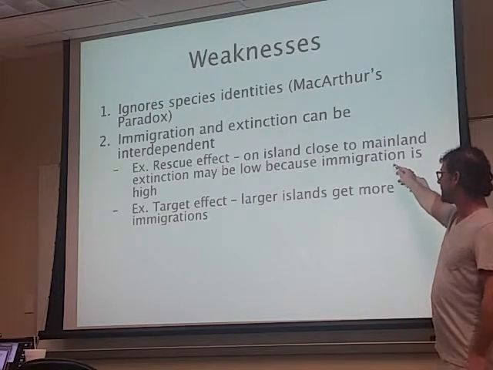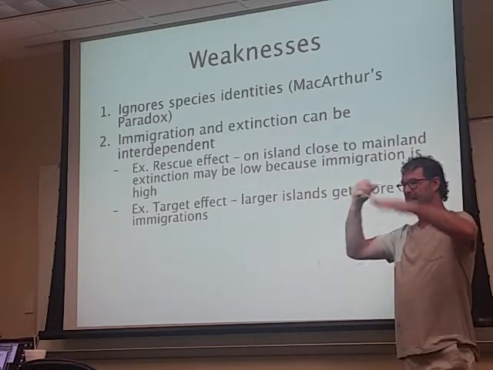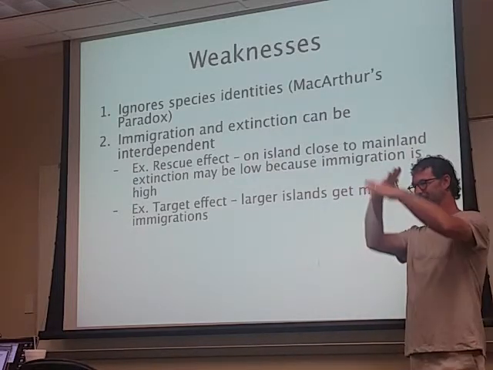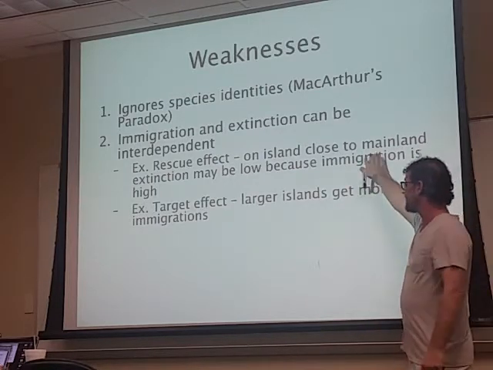Okay, so when we're talking about the rescue effect, if an island is close to the mainland, regardless of size, extinction may be low because immigration is very high if it's close to the mainland. So if you look at the model, immigration and extinction are treated as independent, and it's where they intersect that you determine species richness.